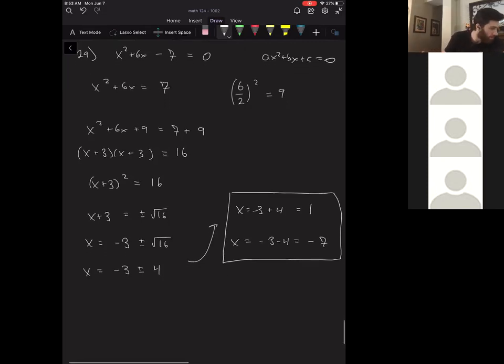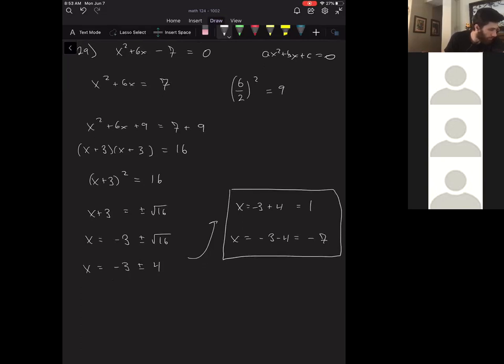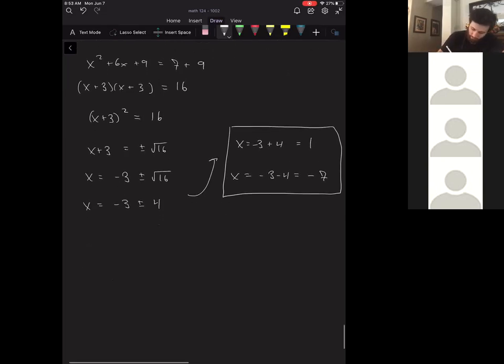All right, so the next one, let's do several more like that. How about 31? So again, let's just solve by completing the square.